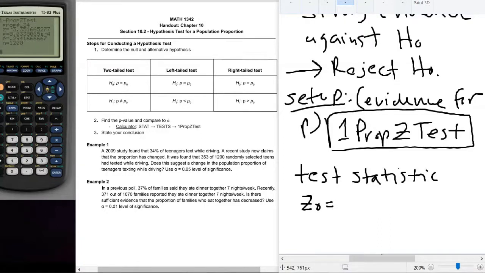So for MyMathLab, I would like you to give it the value as is, 3.35, rounded to however many places. The test statistic method is actually a separate way to gather evidence, and it's a difficult way to do it. But again, I'll show you in a separate video how to do that. The number of interest for us is called p-value.